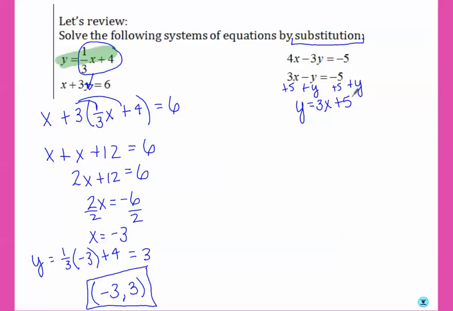Now that I know what y equals, I'm going to plug it into the y in the other equation so that I can solve for x. So I get 4x minus 3 times 3x plus 5 equals -5. Distribute the -3.